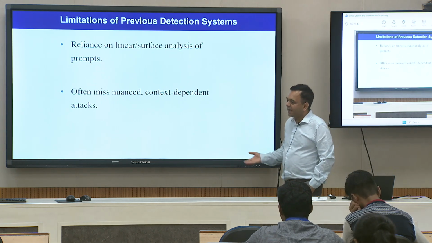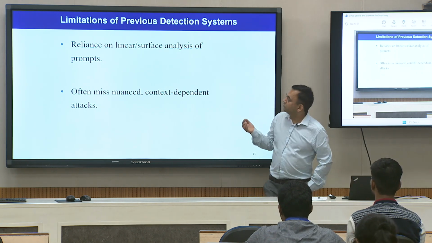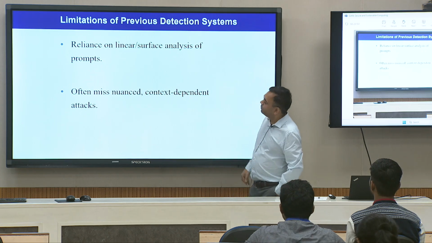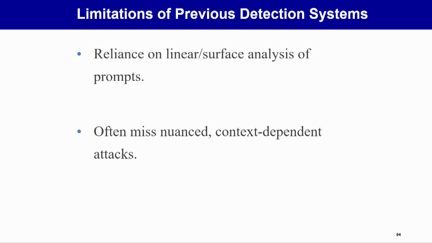So if it's happening, we need to detect it, right? Let's look at the limitations of previous detection systems that detect prompt injection attacks. Previous systems rely heavily on linear or surface analysis of prompts.